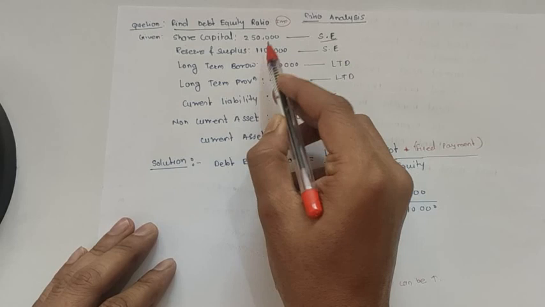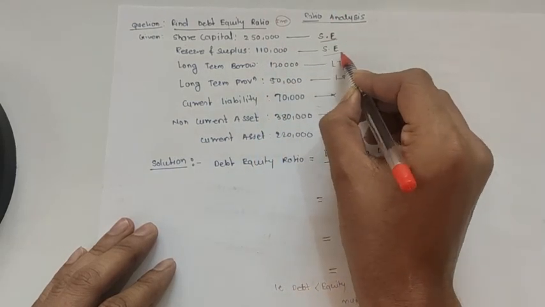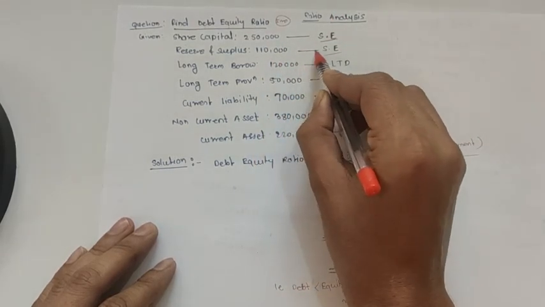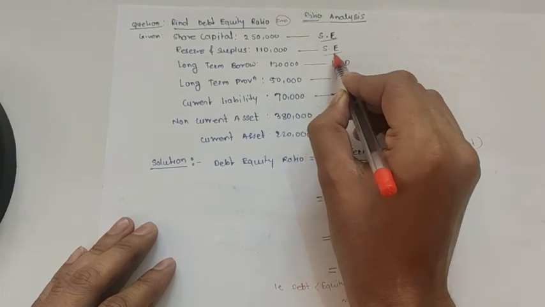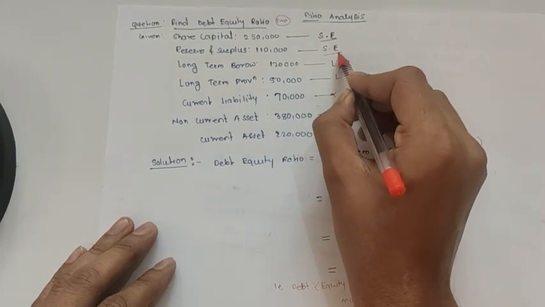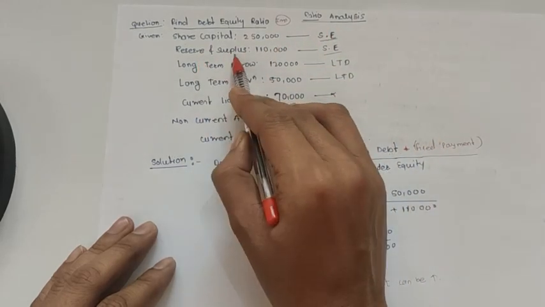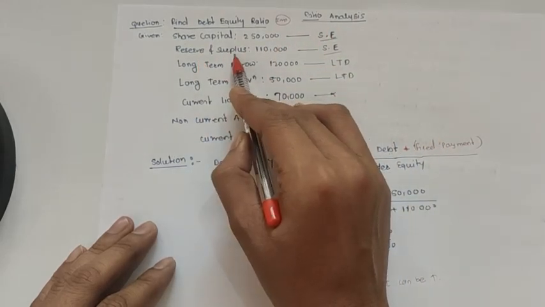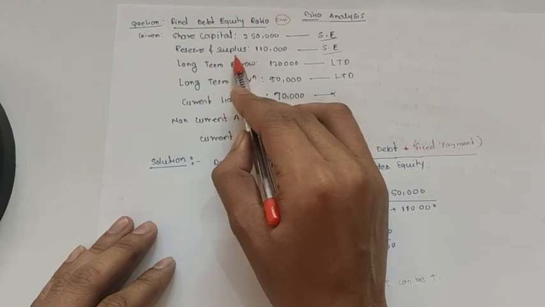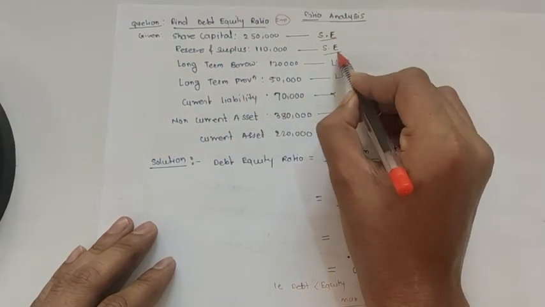That is also a part of the shareholder equity, used for some long term payments, like paying some dividend or some other fixed payment in the future. For that purpose reserve and surplus is used. So friends, reserve and surplus are also part of the shareholder equity.